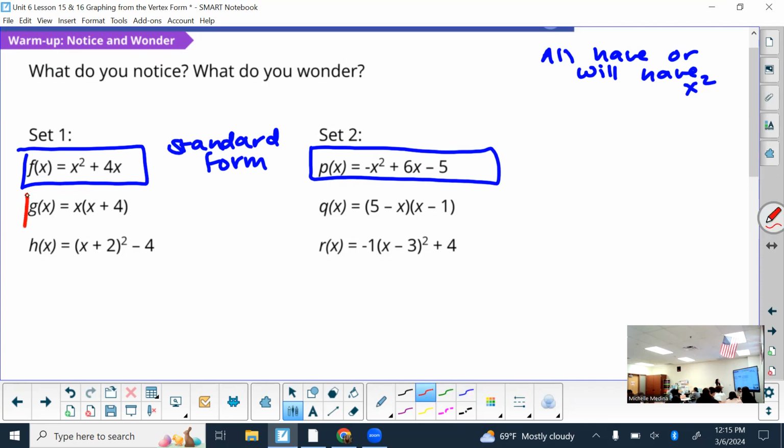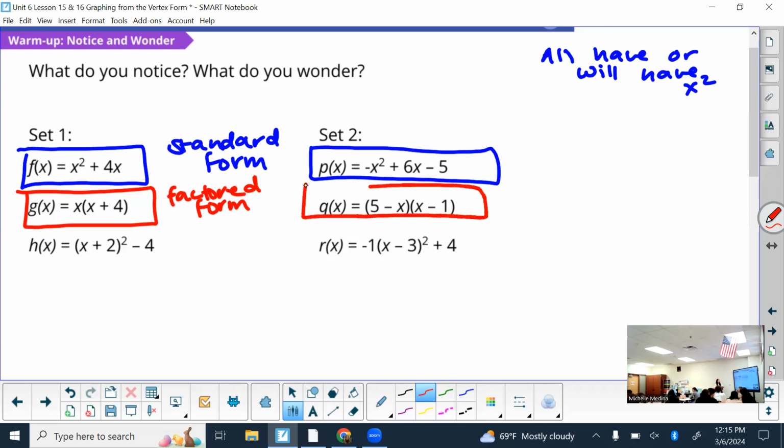Okay, so what kind of form is g of x? Is it a form that we've seen before? Okay, so we have seen the form of g of x before. Does anyone know what we call it? Christina? Factored form. Are there any others in factored form? The q of x.